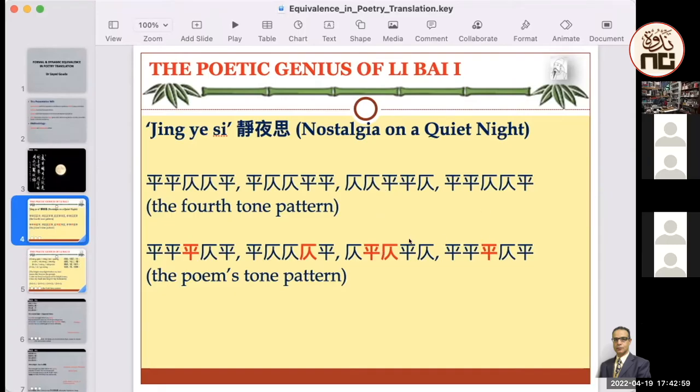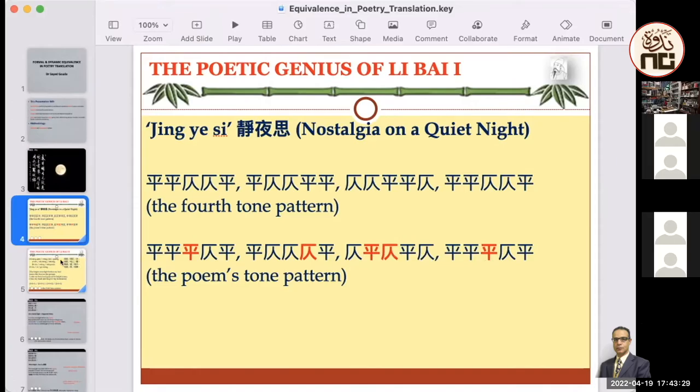There is no obligation on him to make any changes, but we can see that he changed the tones based on the meaning and the words he wants to use, and to create the rhythm he wants. So the final outcome is ping, ping, ping, zi, ping, ping, zi, zi, zi, ping, zi, ping, zi, ping, zi, ping, ping, ping, zi, ping.